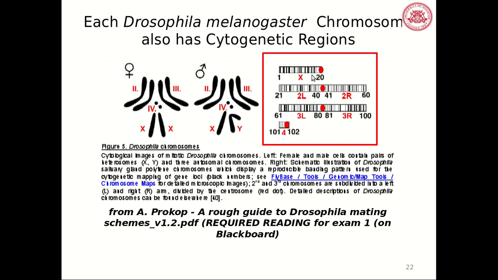Realize you can figure out which chromosome your gene is on by doing crosses on different markers on different chromosomes. If you know which chromosome your marker is on, and you don't get any crossing over, well, there's a good chance your gene is not on that chromosome.